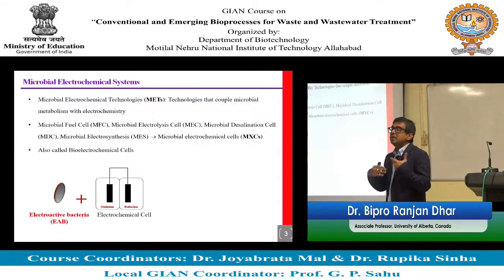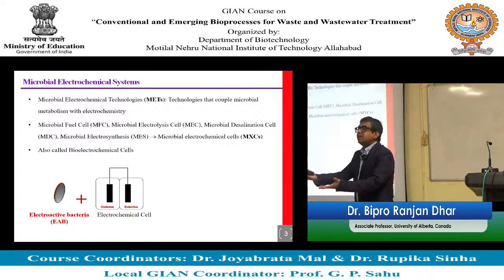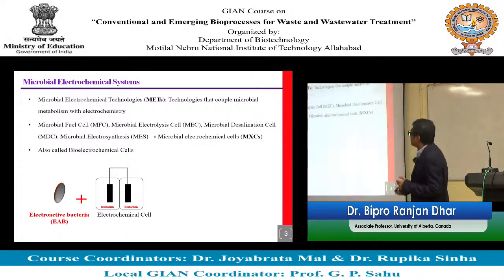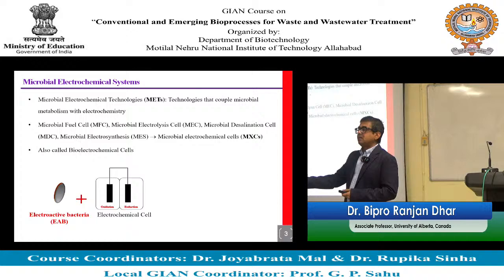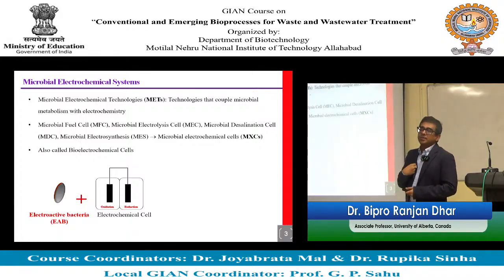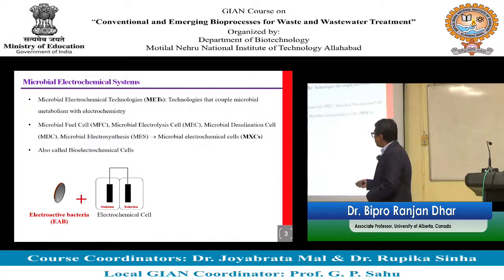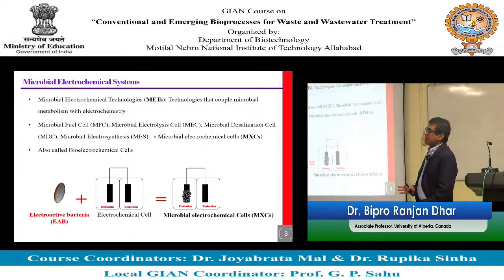In the activated sludge process, you provide oxygen as the electron acceptor, but here they can transfer the electron to an electrode surface. That means they can use some insoluble, conductive, solid material as the electron acceptor. That's the unique feature of microbial electrochemical technologies.